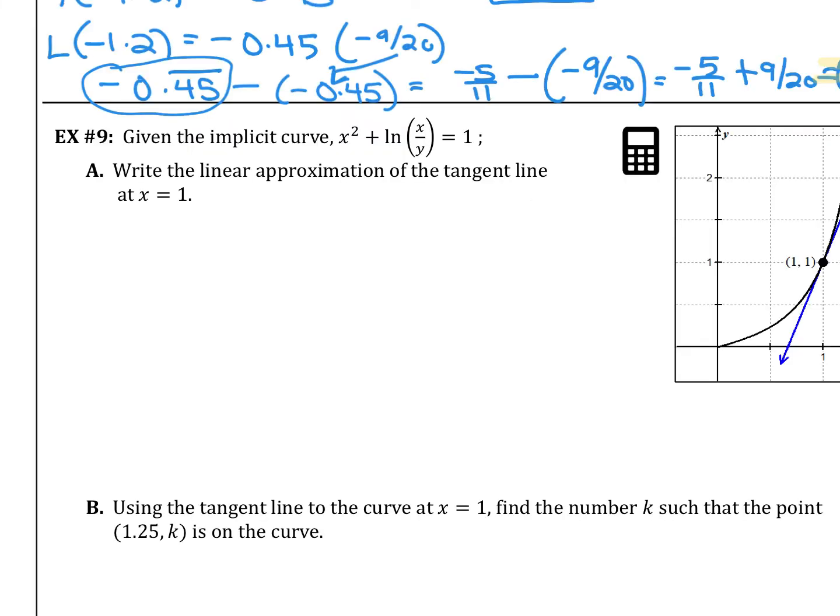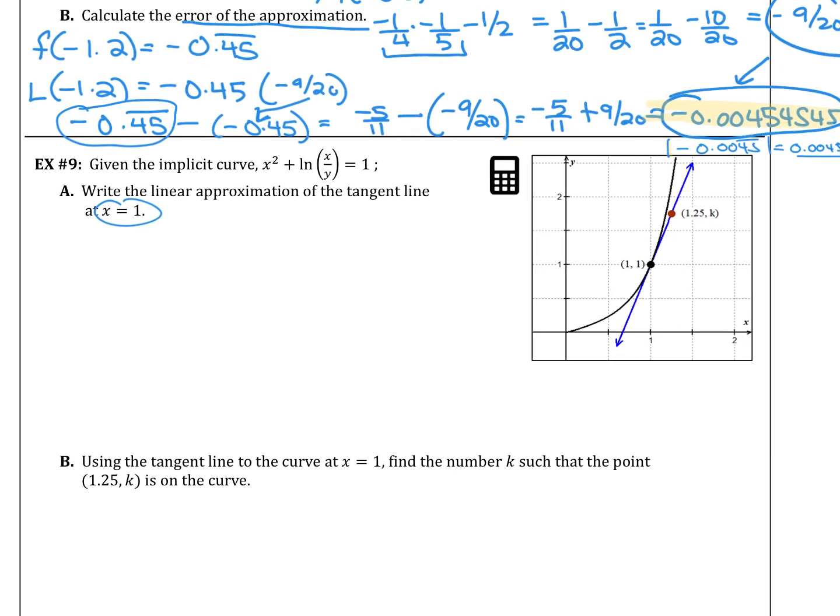All right, our last example is going to be example 9. It says, given the implicit curve x squared plus natural log of x over y equals 1, write the linear approximation of the tangent line at x equals 1. So here's the thing. Because this is written implicitly rather than explicitly, it's not easy for me to find my y coordinate.